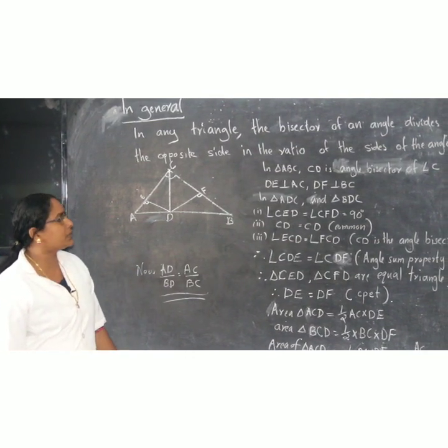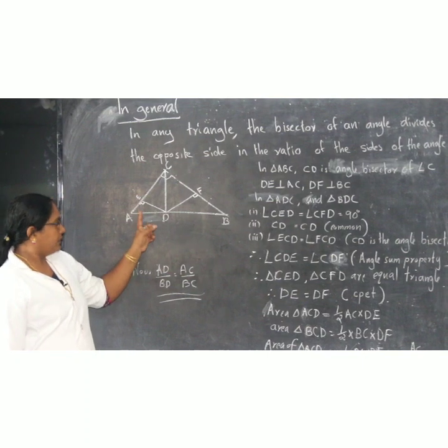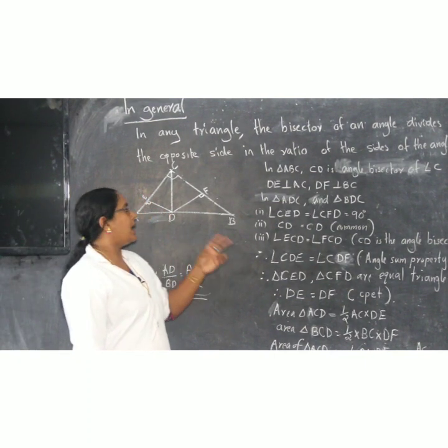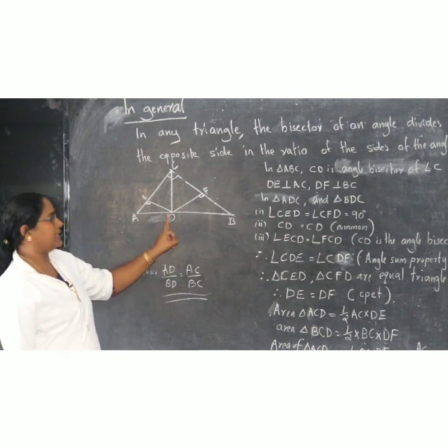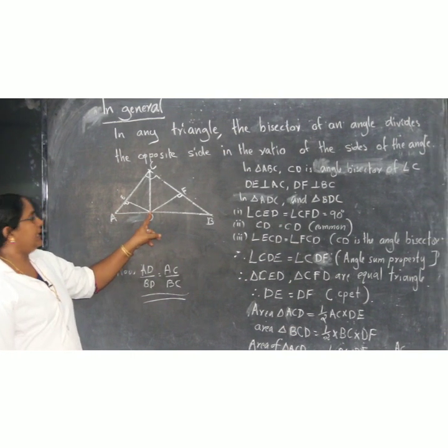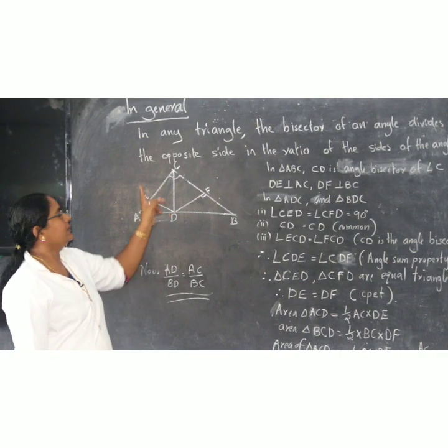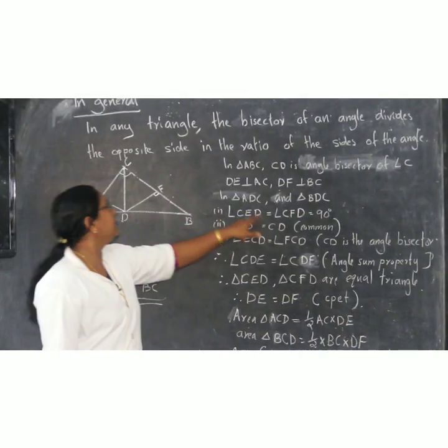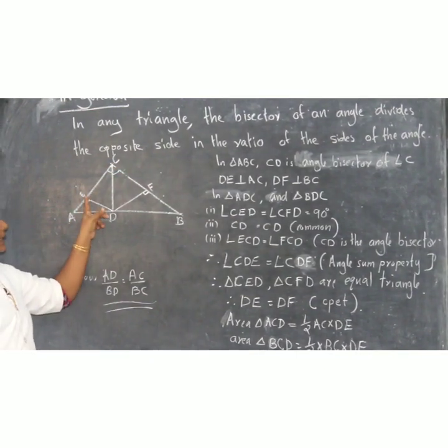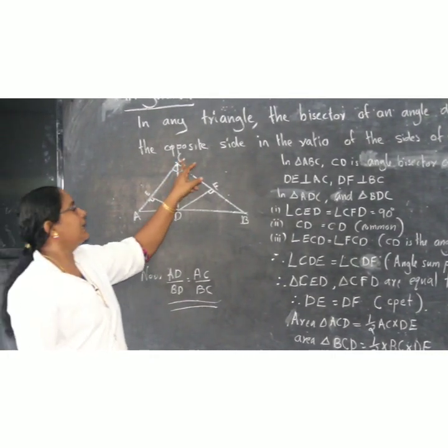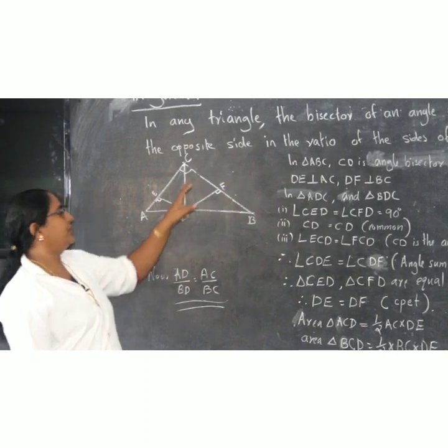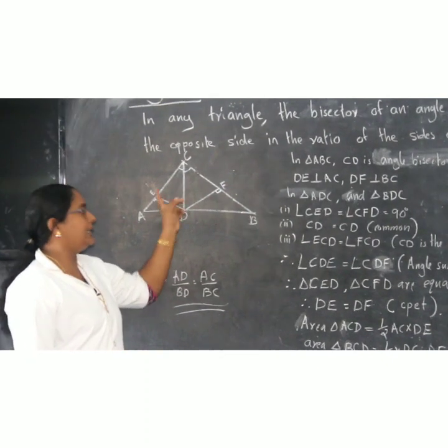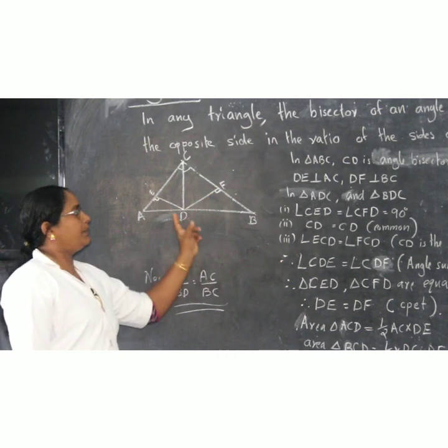How to prove these two triangles are equal? For triangles, three conditions must be equal. I want to prove the first condition: angle CED and similarly angle CFD are both 90 degrees. Reason: we drew perpendicular lines.